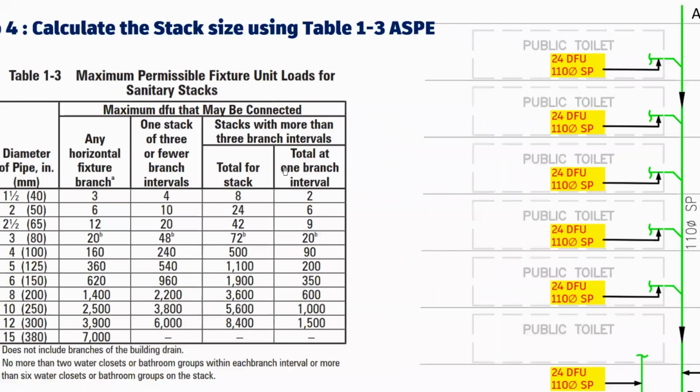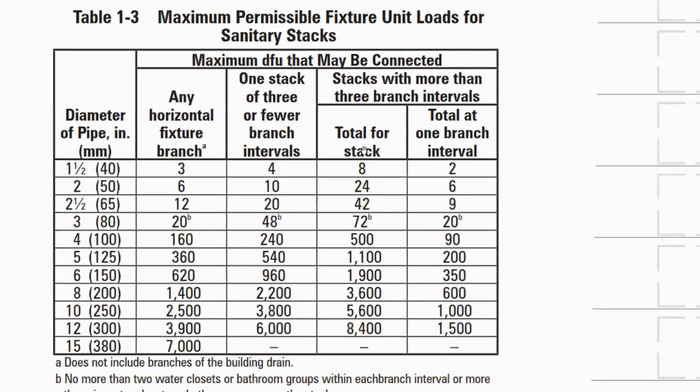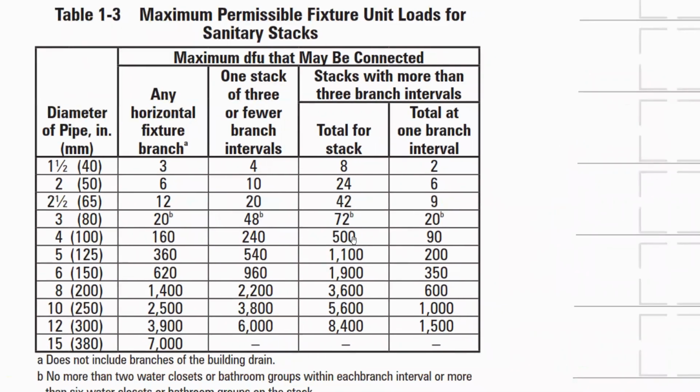If you go to this table, for 120 I have to take 500, which is higher than 72. So directly we cannot take the size as 4 inches. This is the first thing that you have to look at, 500. Now you have to simultaneously check the next column also.